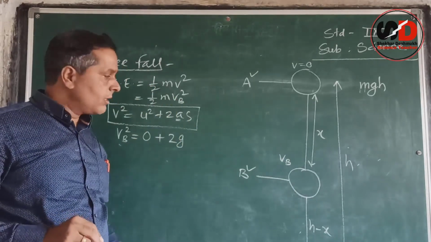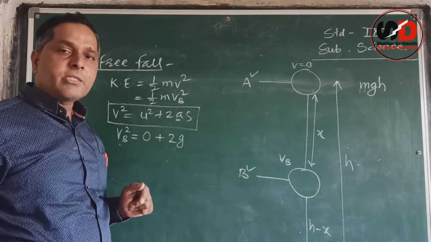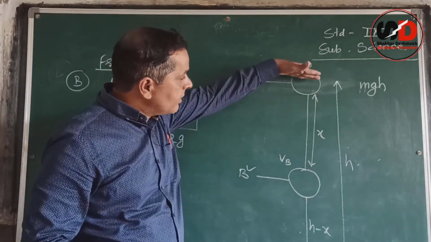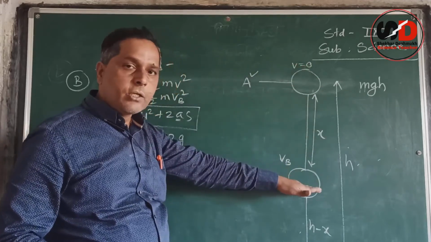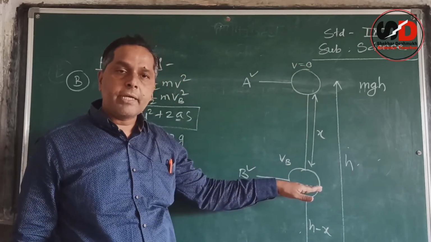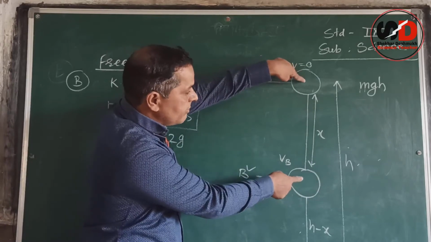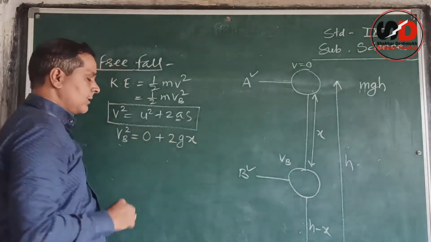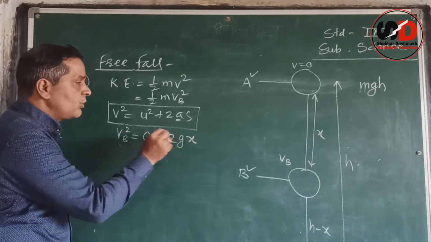What is s? S means displacement. Here the ball is falling from A to B, so the displacement is the distance between these two, that is x. So the value of vb square is 2gx.